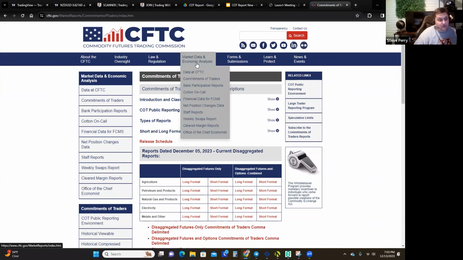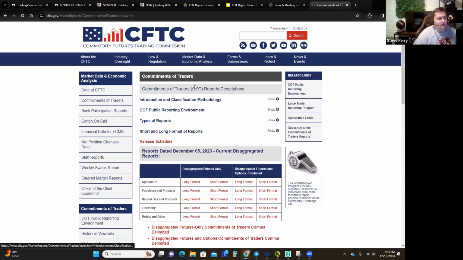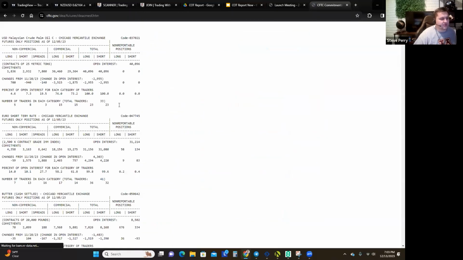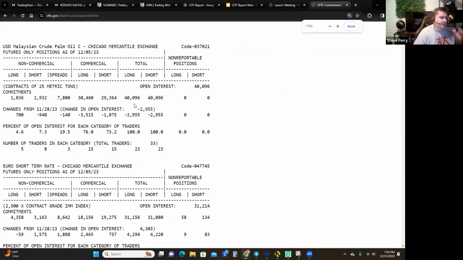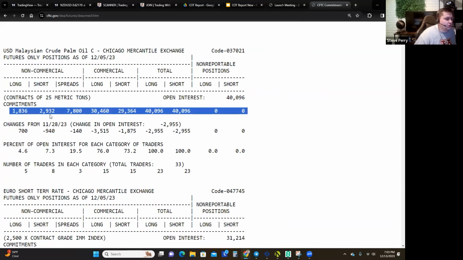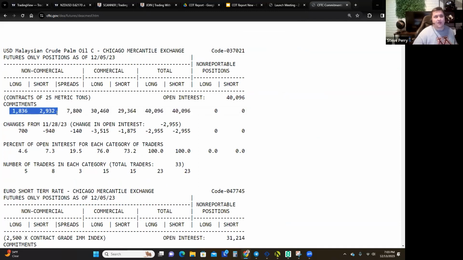They publish every week the Commitment of Traders, which is this right here. And these are the reports. In fact, I'll just pull up a report right here. This is a COT report, and it comes out once a week, and it shows us how long or how short these big banks here in the United States are, buying or selling different instruments.